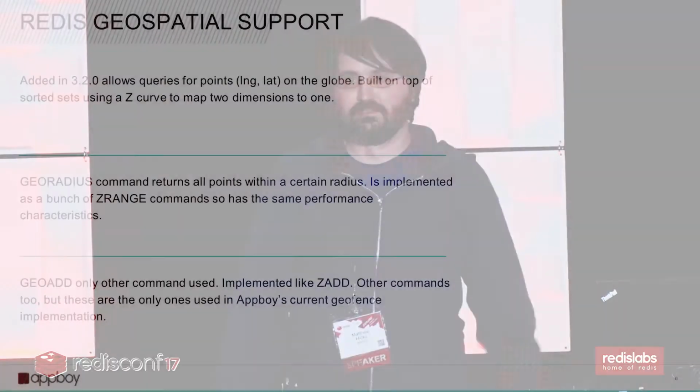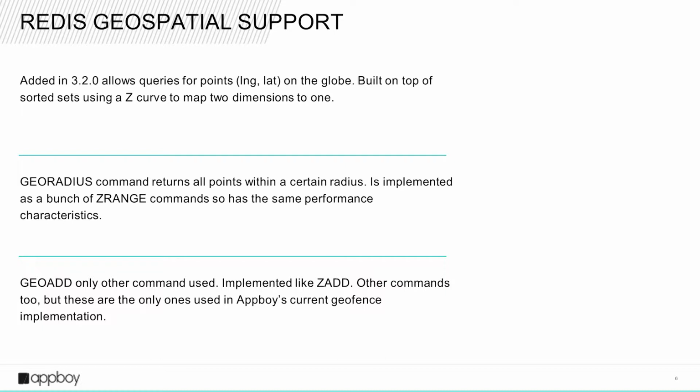Geoadd is the only other spatial command we're using. It's implemented like zadd. Basically, it turns your lat long into a geohash, and it zadds it to the sorted set. There are other commands for geospatial. Those are the only two we're using at the moment. When we want to poison the cache, get rid of the stored geofences, we just use a zrem.